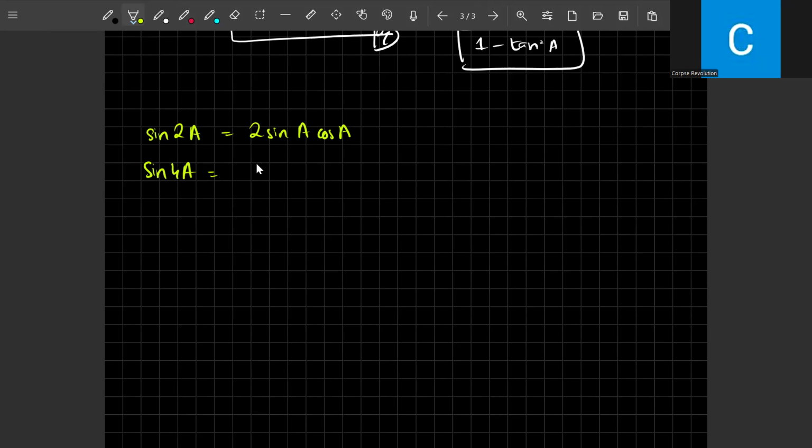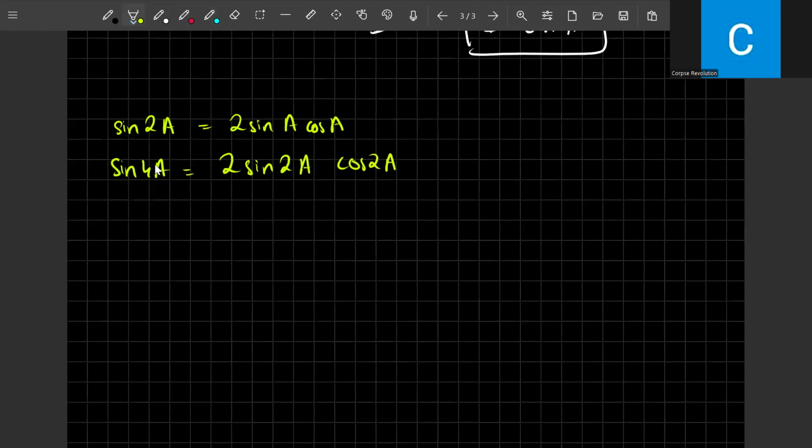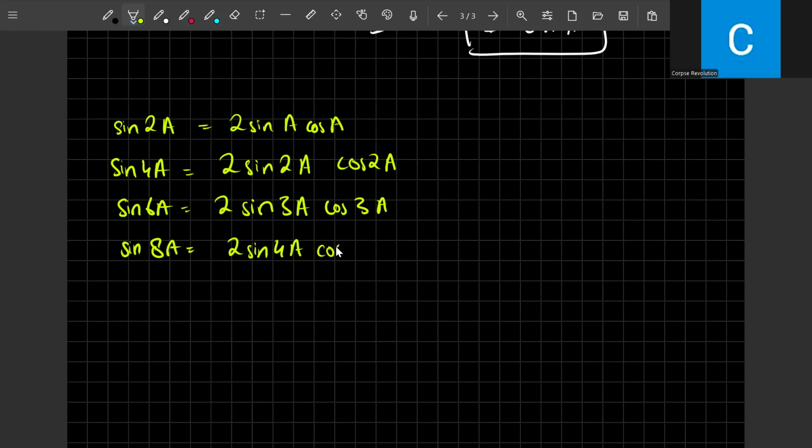It would be 2 sine 2a cos 2a. Similarly, they can ask what is sine 6a. It will be 2 sine 3a cos 3a. Similarly, sine 8a would be 2 sine 4a cos 4a.